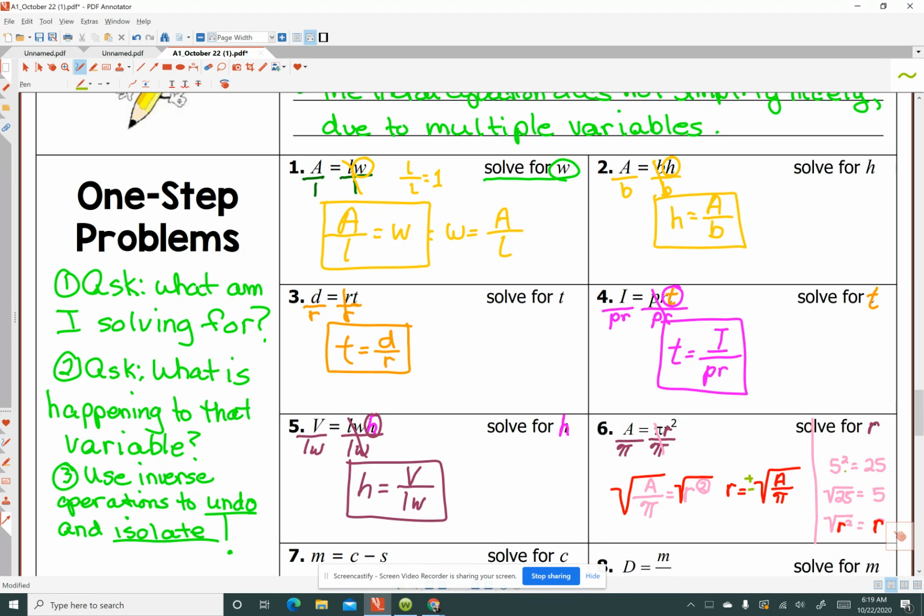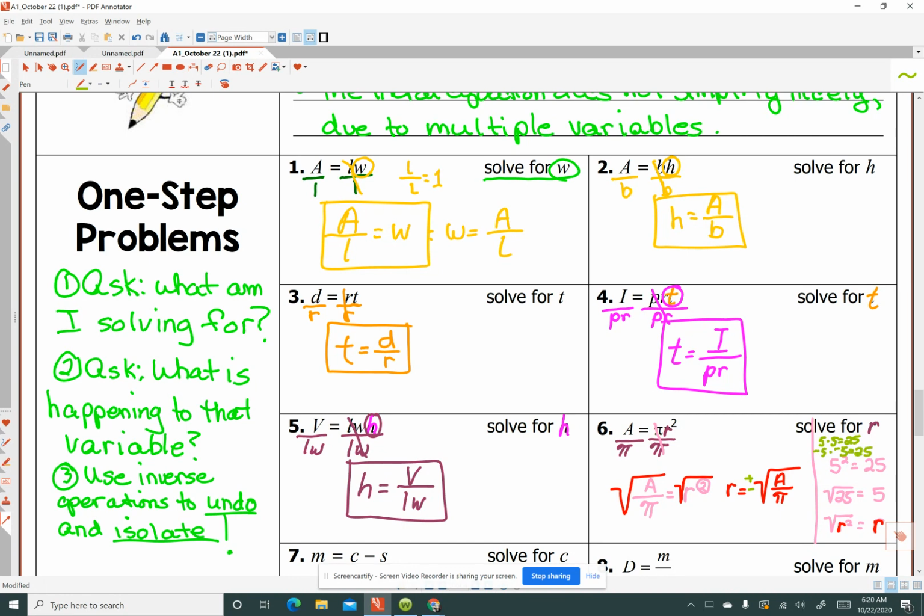This is because in order to get to 25, we can multiply 5 times 5, for example, but we can also multiply negative 5 times negative 5 to get 25.